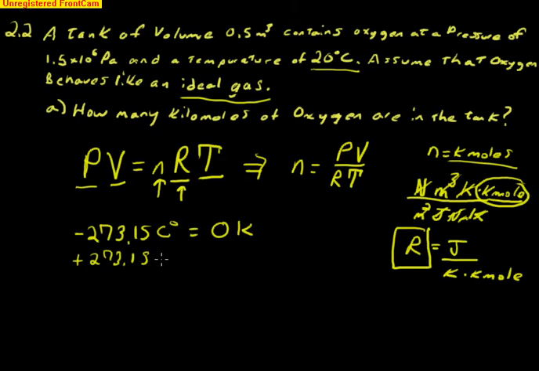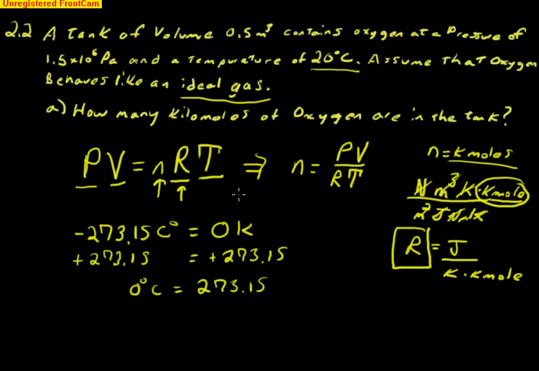So if we just add 273.15 to both sides of the equation here, then we can get 0 degrees Celsius is equal to 273.15 Kelvin. Well, this gives us a starting point.